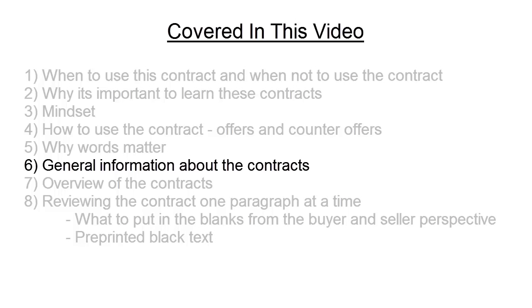For instance, let me just give you an example. Let's say you wanted to include some personal property in the sale, in the real estate transaction. So let's say the buyer wanted to keep the seller's refrigerator. Well, then you wouldn't write "seller or buyer retains refrigerator" or "refrigerator shall convey at closing."